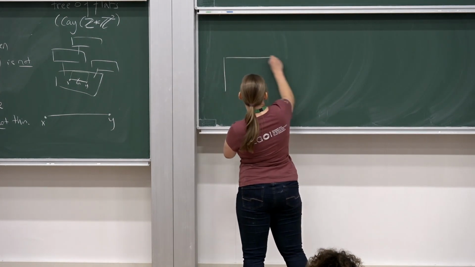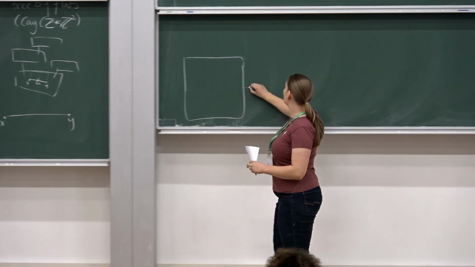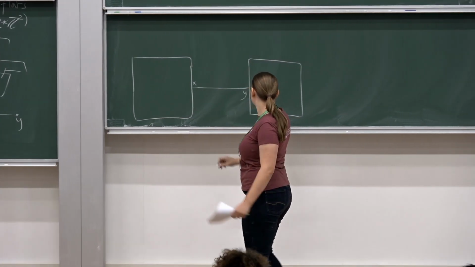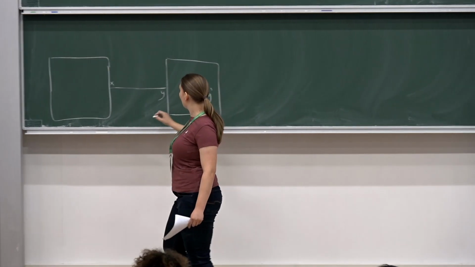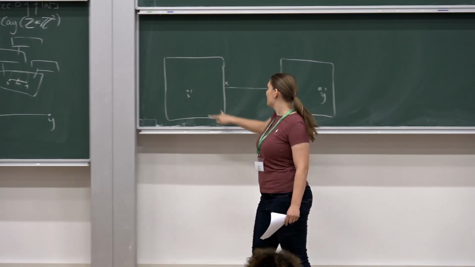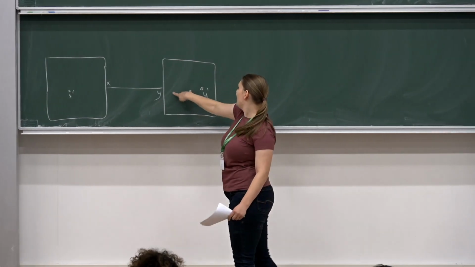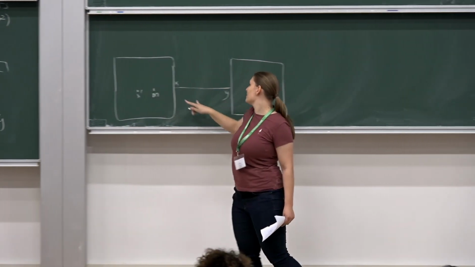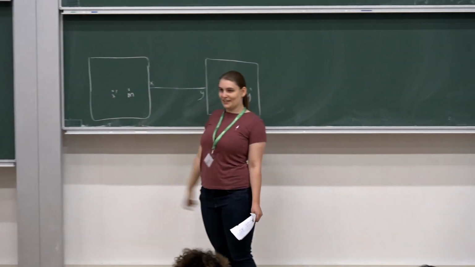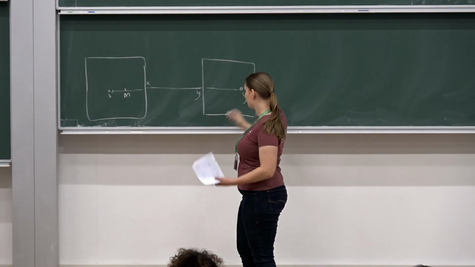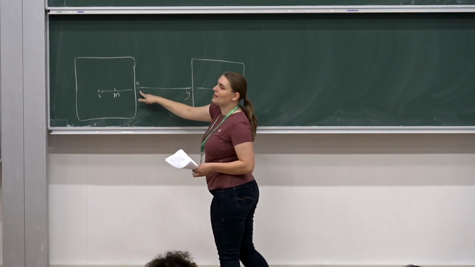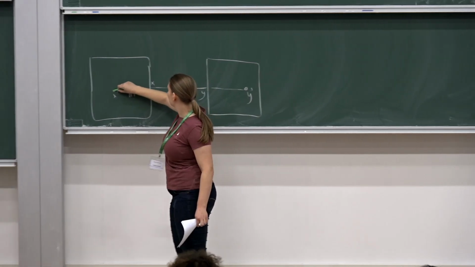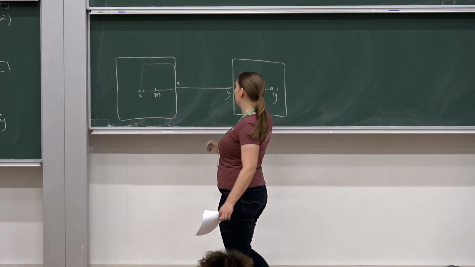Namely, take two flats very far away from each other, x and y, and then take two points y prime and x prime, such that this is much bigger than this, and this is also much bigger than this, and this is about three times as long as this. So the midpoint is somewhere here. Now, this geodesic might very well be thin, but this geodesic is not, because we can do something like this.